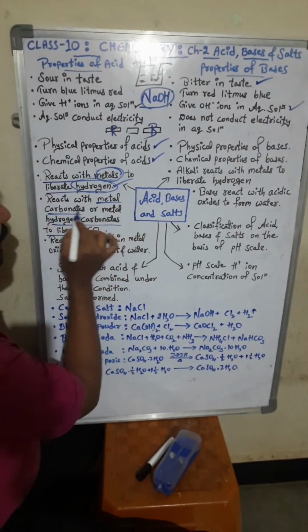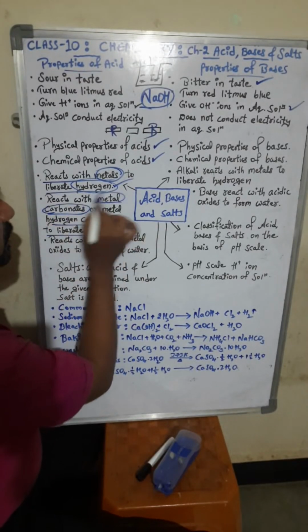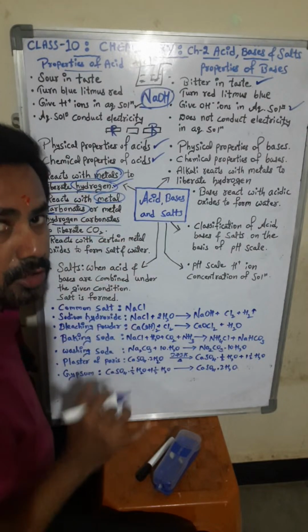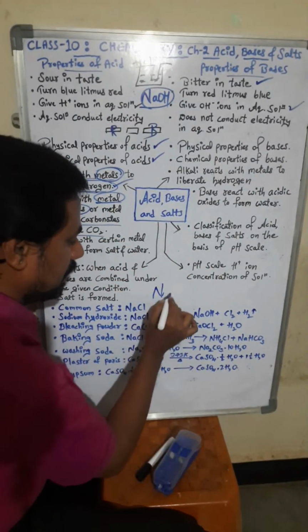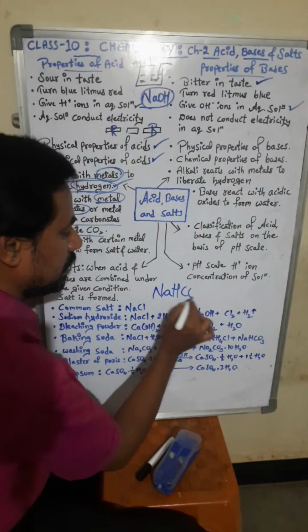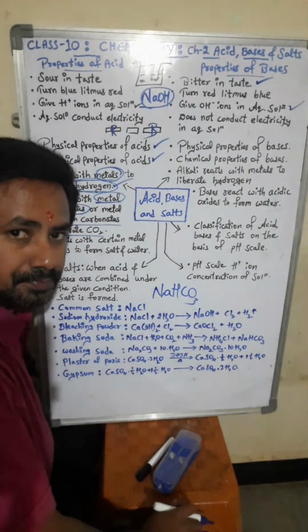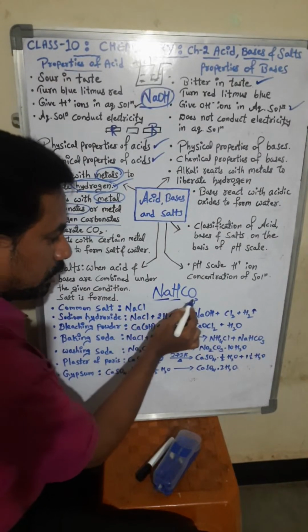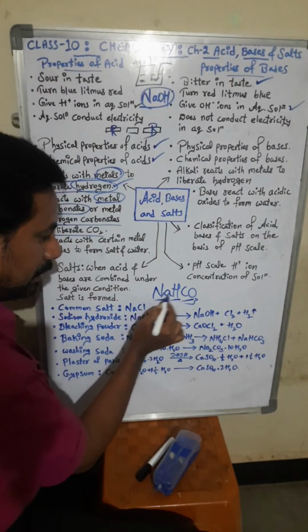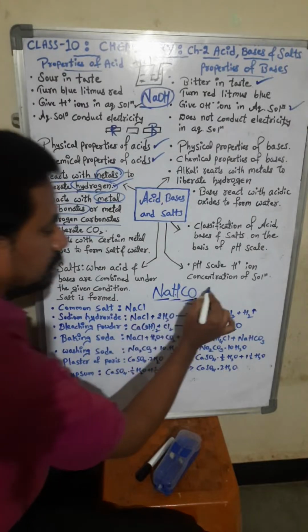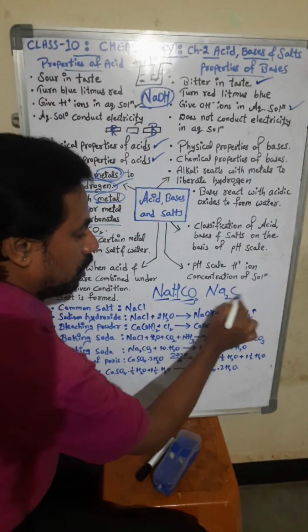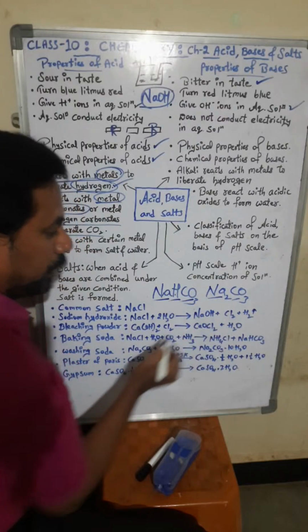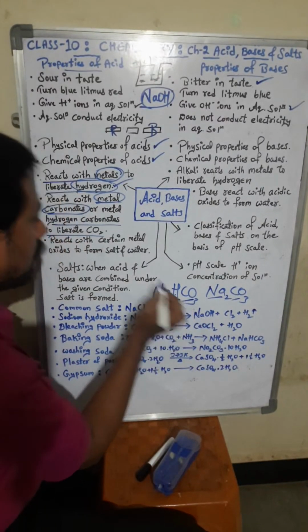When acid reacts with metal carbonates or metal hydrogen carbonates, one example is NaHCO3, sodium hydrogen carbonate, metal hydrogen carbonate. This is an example for metal carbonate, and this is metal hydrogen carbonate.